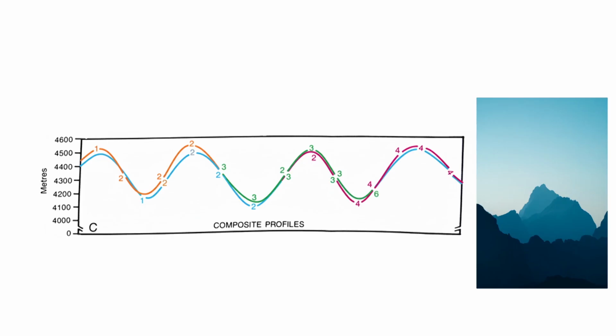Look here, there is a simple profile, serial profile, superimposed profile and projected profile; we can differentiate each and every one. In the composite profile we draw only the highest points that cover all the profiles.